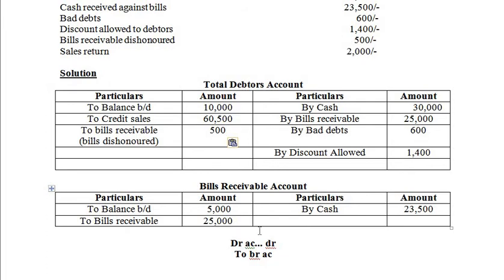What will be the other entry? The second entry, the credit entry, has to be to the bills receivable account.